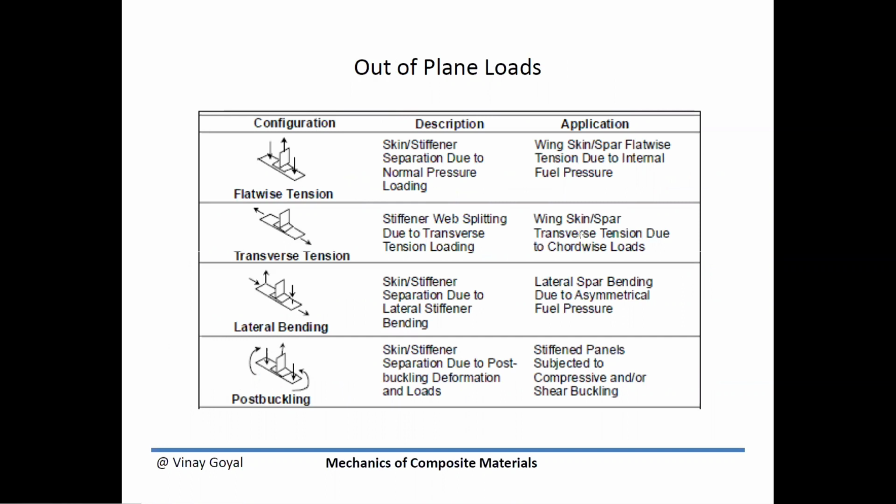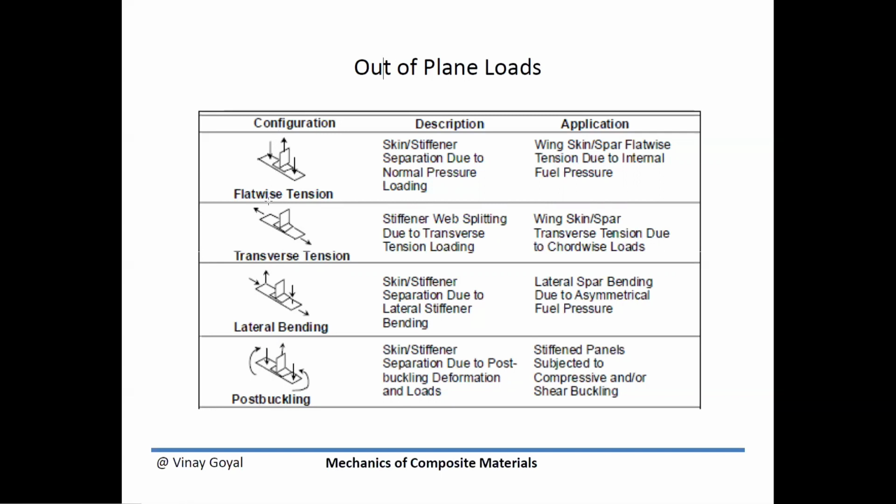Another thing I want to discuss right now is out-of-plane loads. These are examples of out-of-plane loads that you could have in application. For example, here you have a flat-wise tension configuration where the stiffener is pulled away from the base structure.